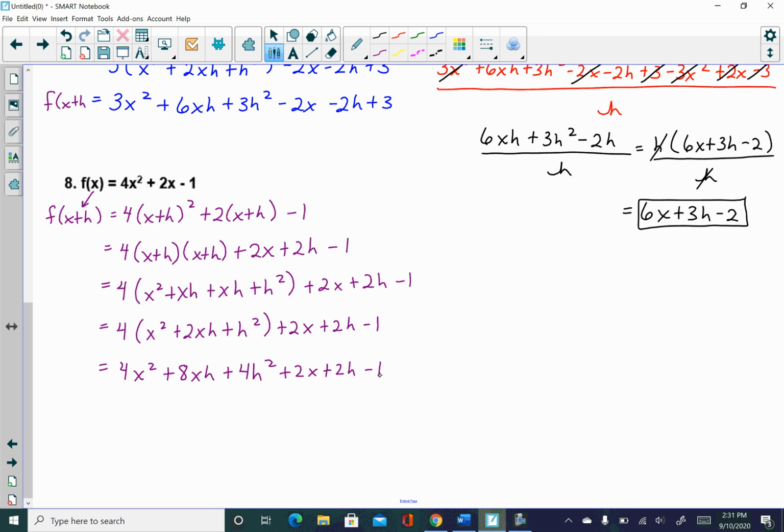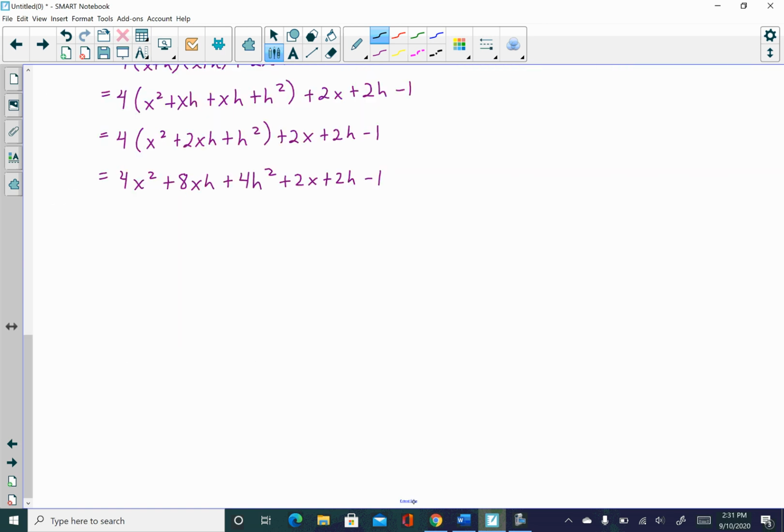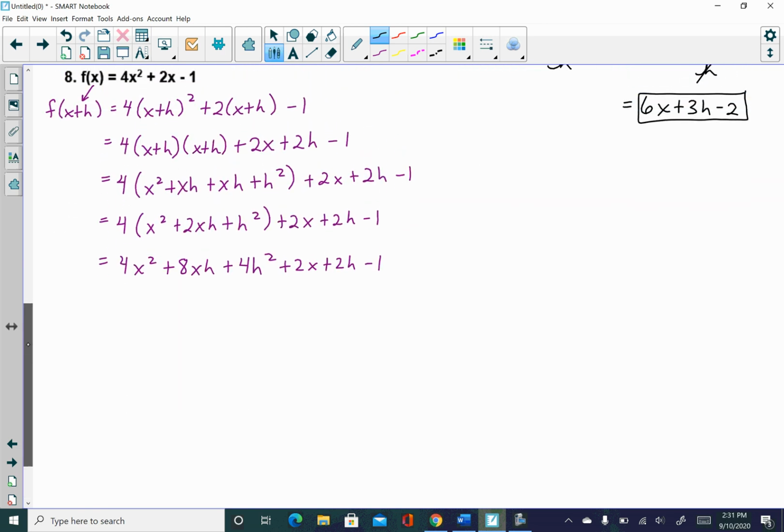Okay, now from here I'm ready to go to my difference quotient. The difference quotient was f of x plus h minus f of x, all divided by h.